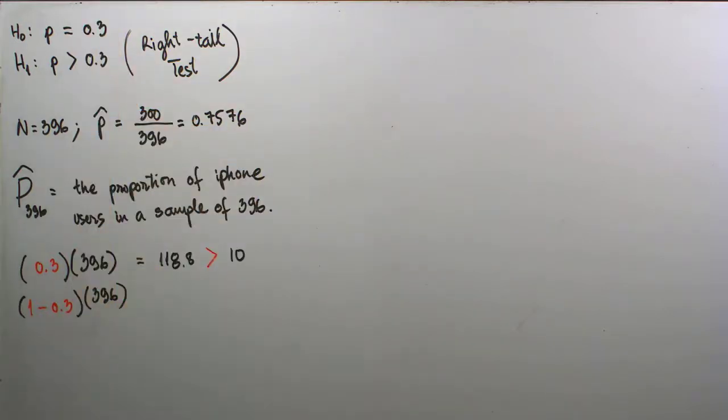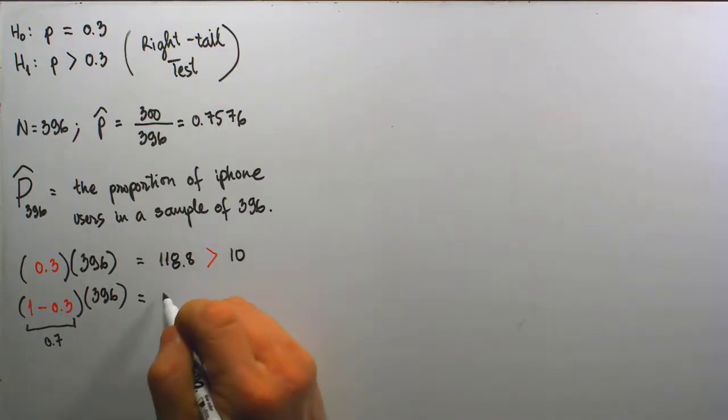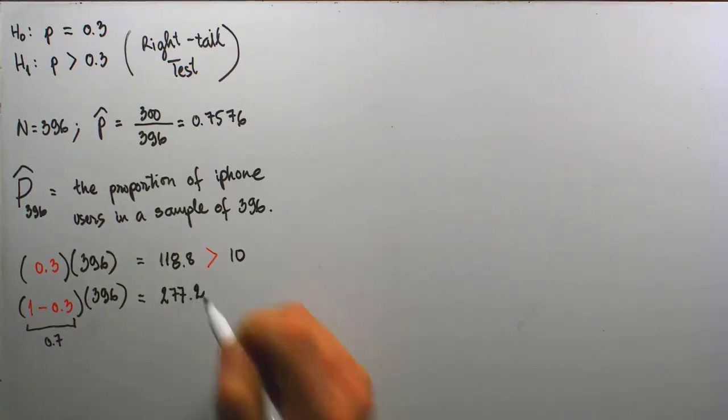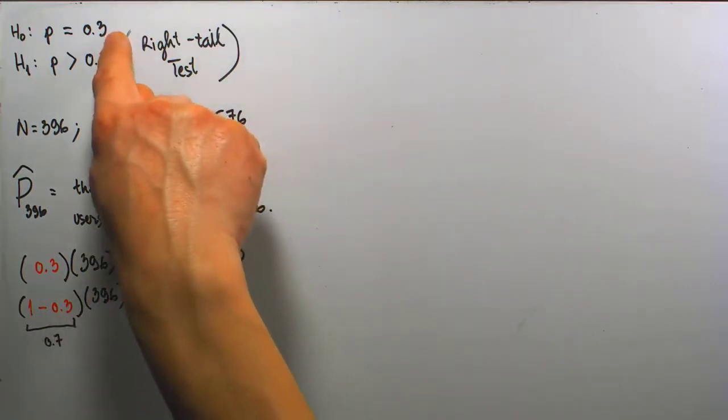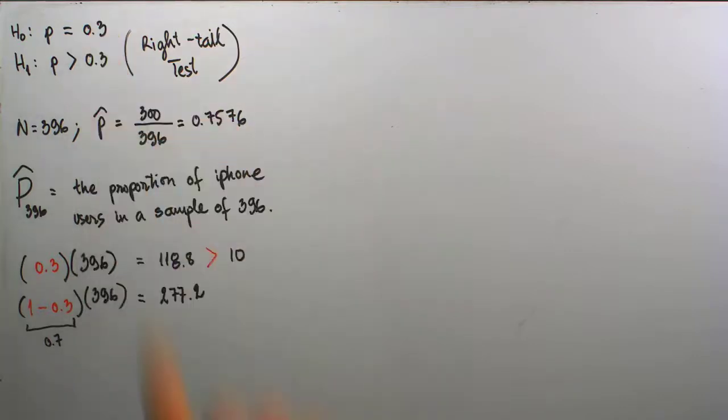So now I have another product: 396 multiplied with 1 minus 0.3. Keep in mind, 1 minus 0.3 is numerically 0.7. So my calculation comes out as 277.2. So this count came from multiplying our sample size with 1 minus 0.3, and again, the 0.3 came from our value claimed in the null hypothesis.